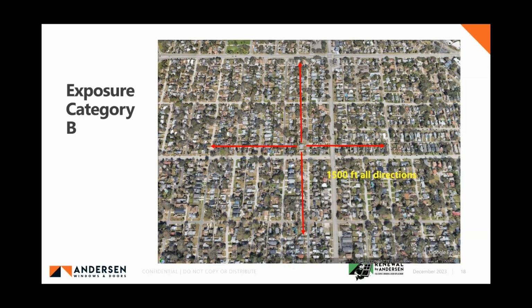Once you become accustomed to using Google Earth and the measuring tool, you can identify the exposure category pretty easily. Google Earth makes it much easier than what it used to be. I just pulled the measuring tool across various directions from this building, and we clearly had 1,500 feet in all directions. So this building would qualify for exposure category B.